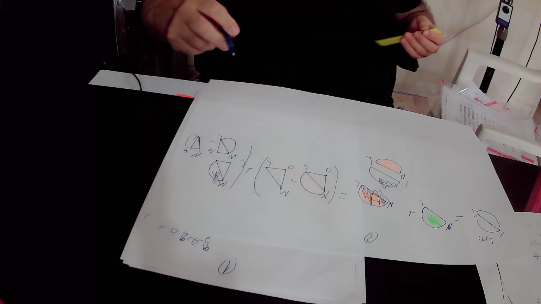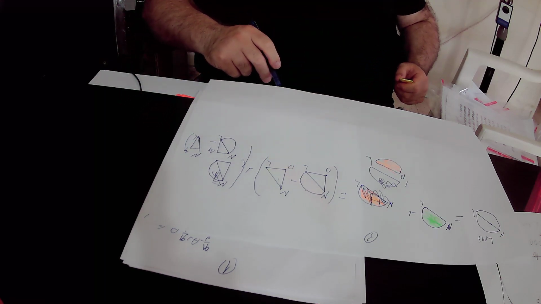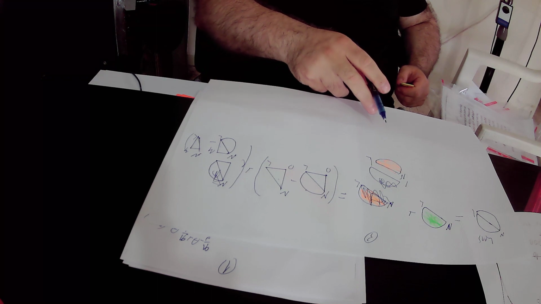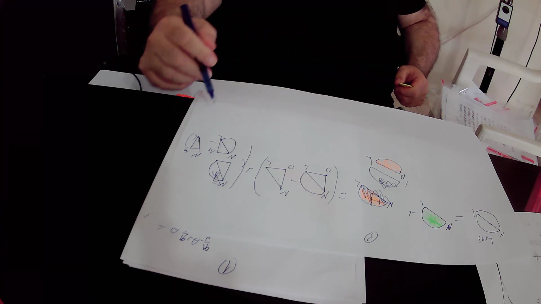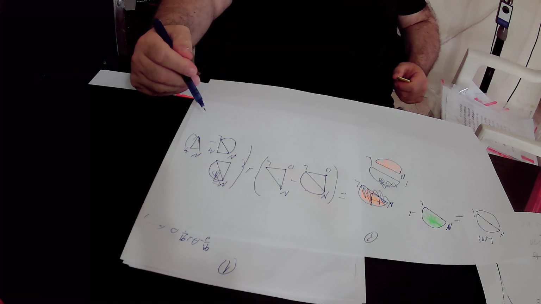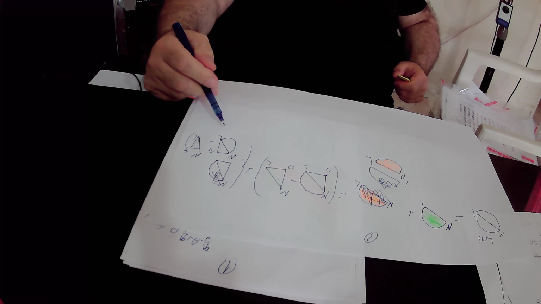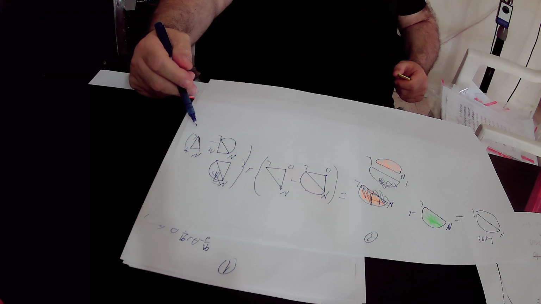I repeat again that the area of the lower circular segment NL in the orange color equals the area of sector NML minus the area of triangle NML.